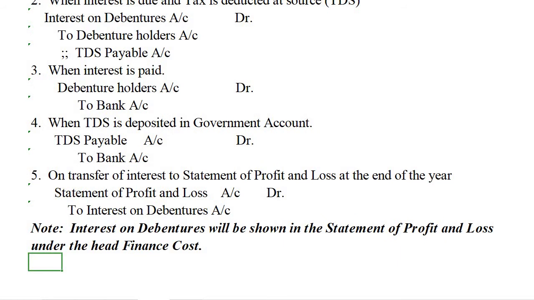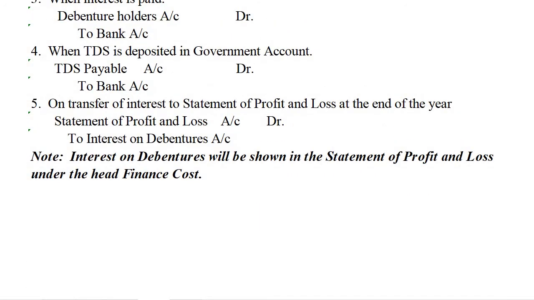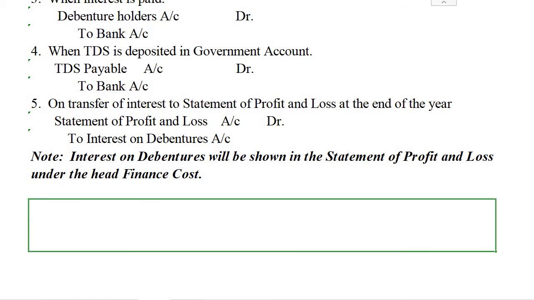So at that time you have to write statement of profit and loss account debit to interest on debentures account, the total of interest, 25,000 twice, that is 50,000. Okay, so that's all regarding the journal entries for interest on debentures.